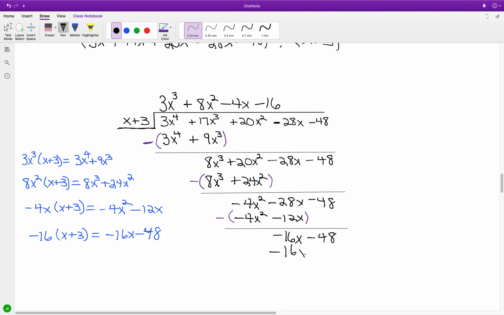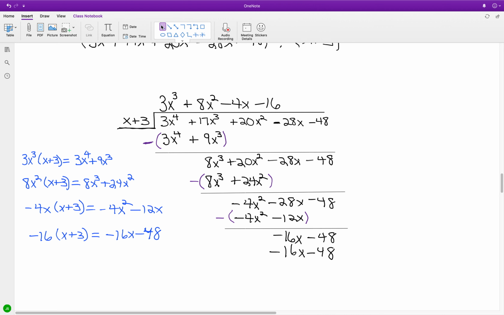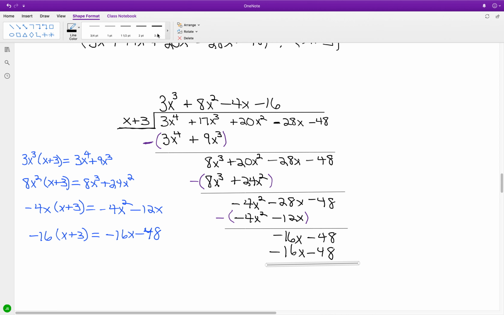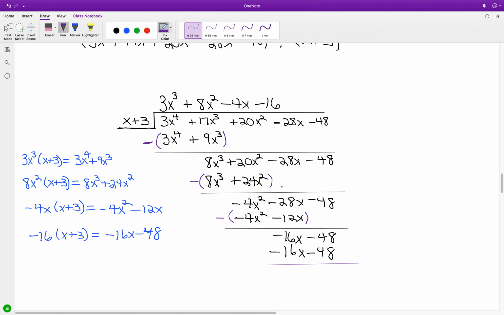And lining up what we have here, we have an identical set of terms. Once we apply subtraction, we're going to have, once again, complete cancellation of both negative 16x and minus 48. So for the result, we have 0.